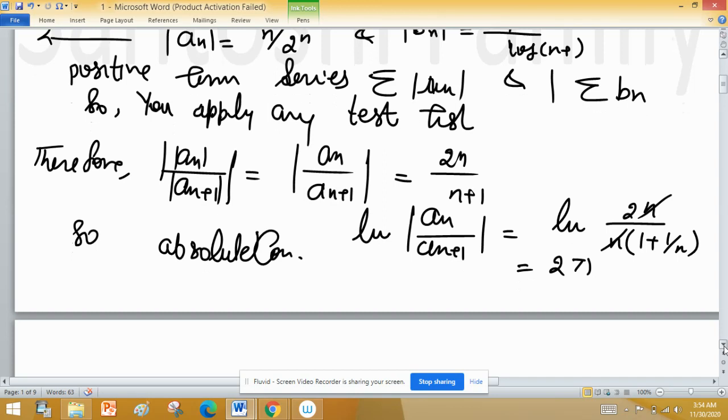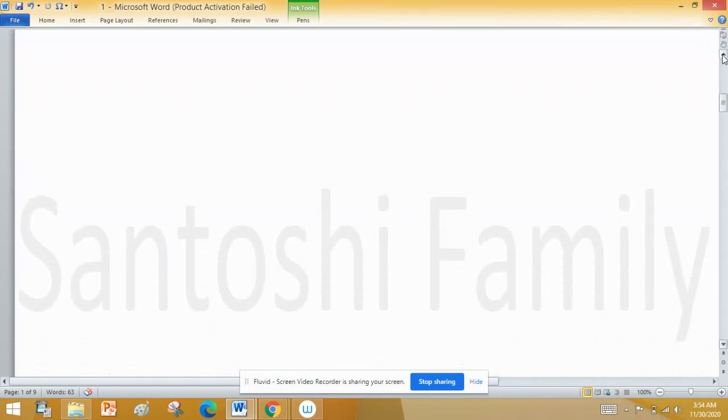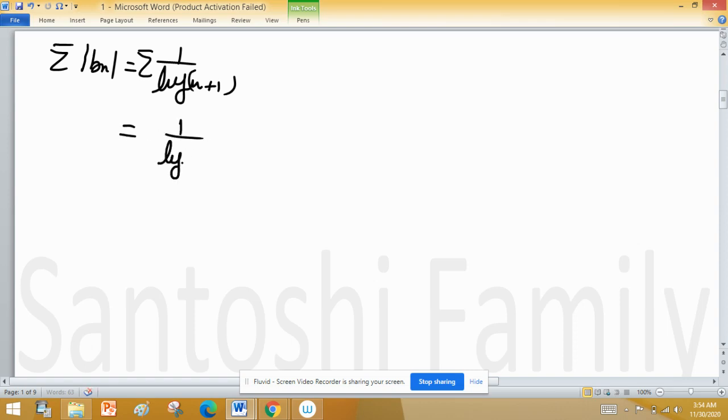Now come to the point. Series bn: summation mod bn equals 1 upon log n plus 1, and you can write in expansion form 1 upon log 2 plus 1 upon log 3 plus 1 upon log 4 plus and so on.